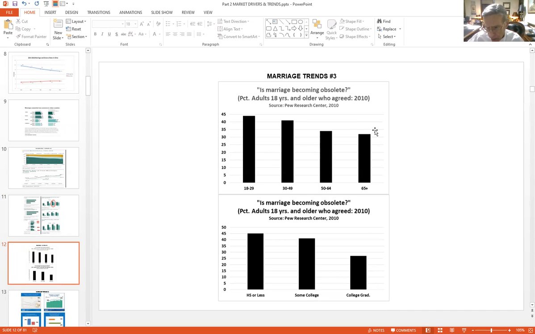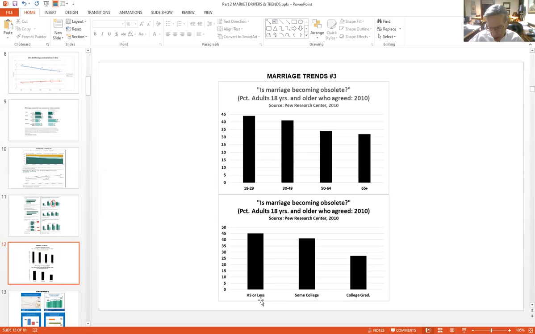This is a pretty significant trend, isn't it? If even when they're 65 years old, a third of the population thinks that marriage is obsolete, and almost half of younger adults do, then you can imagine that that is one explanation for why the marriage rate is declining. Now, what people do when they don't get married is another question, but we'll leave that for later.